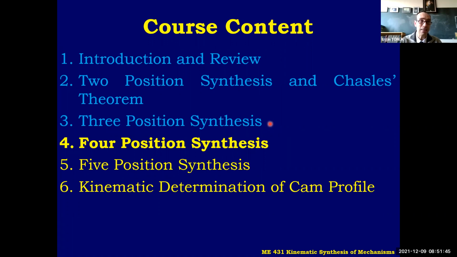And actually, this equation shows how many free parameters we have, and we can go up to how many points. So this 5 position synthesis is actually the limitation. If you try to write it for 6 positions, you would have more equations than unknowns, which can't be solved, okay, as we will see later.